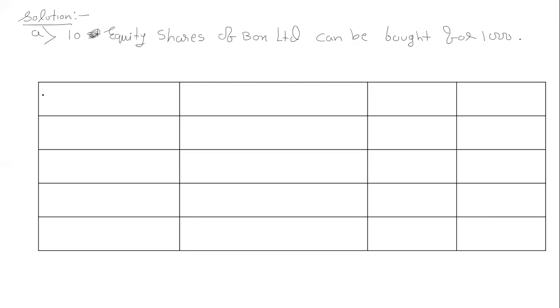So here I will write economic condition, and here I will write overall return, and this will be probability, and the last column I will write as expected return.